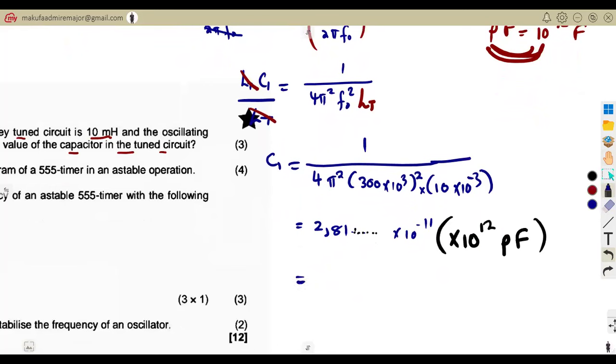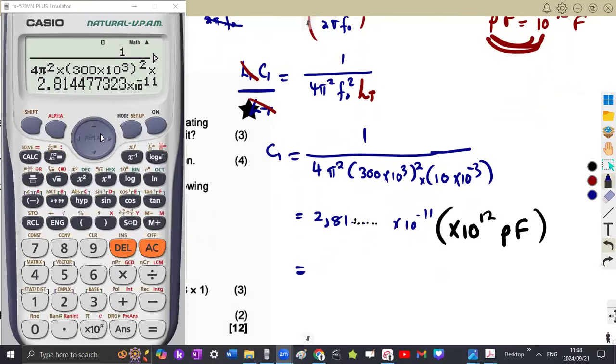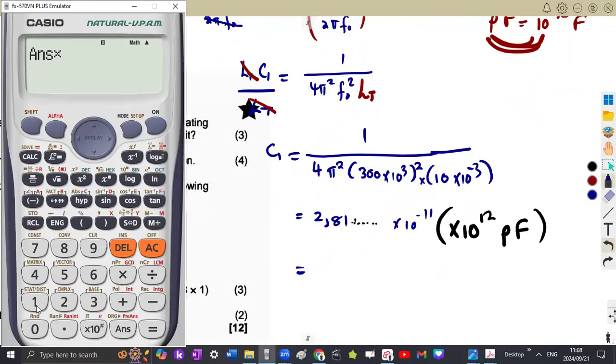So on your calculator, this is what I'm trying to say. This was our calculator here. On our calculator, as it is, just multiply this by 10 to the exponent of 12, like this. The answer that you are getting, 28, you can even fix this to 3 decimal places if you want. 28,145.